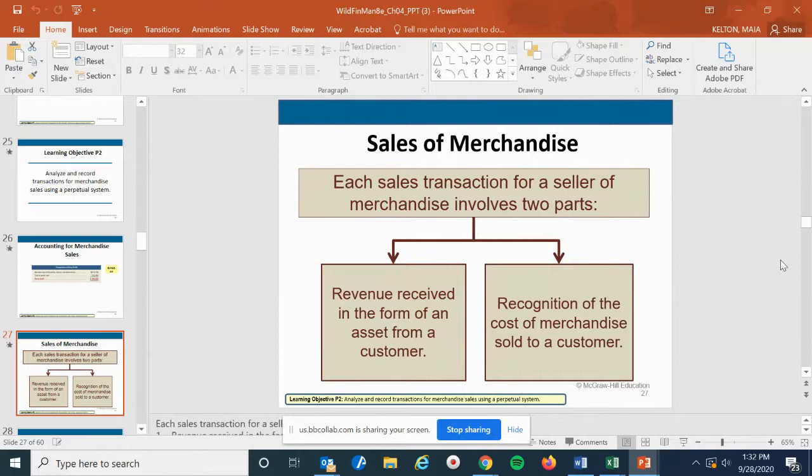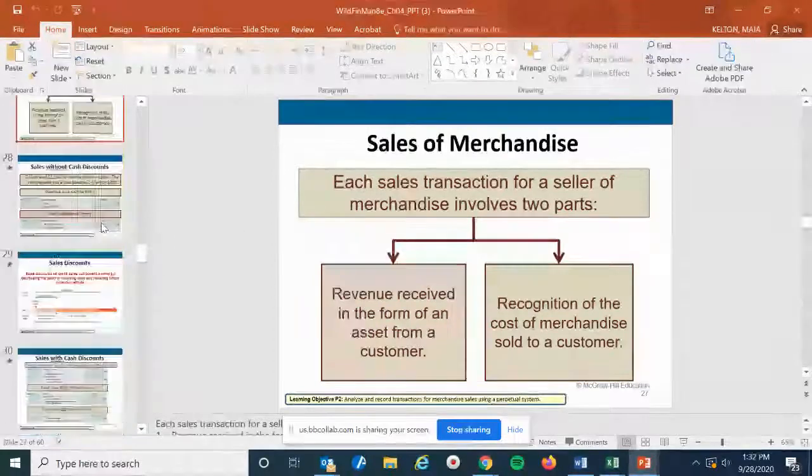And the second journal entry that we have to recognize is the cost of merchandise sold to a customer. This is how much it costs the merchandiser to buy the inventory to begin with. We call that cost of goods sold. So remember, the sale of merchandise will always have two journal entries. One to show the sale, the second one to show the cost.